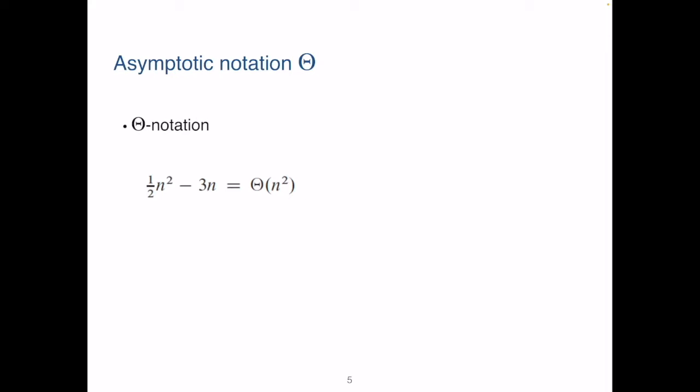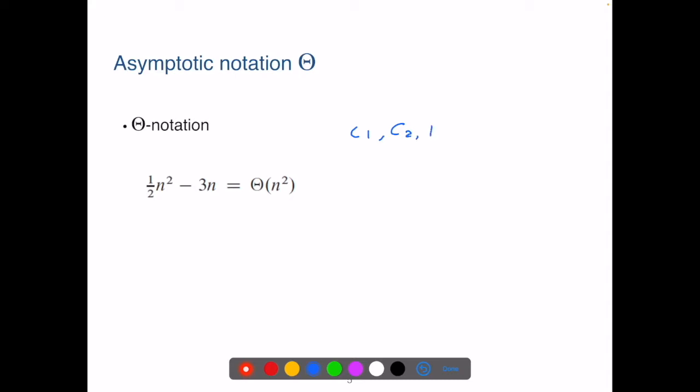We need to find three constants, C1, C2, and N0, such that when n is greater than or equal to N0, this relationship holds. So that's the definition of theta.